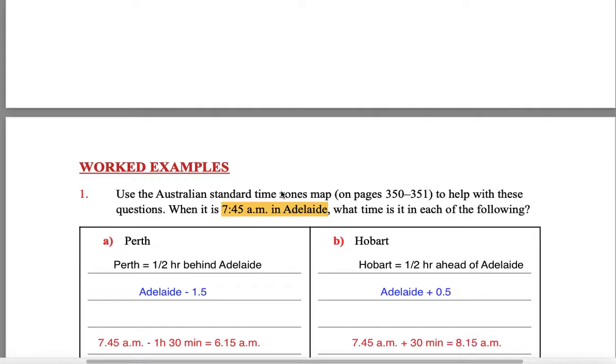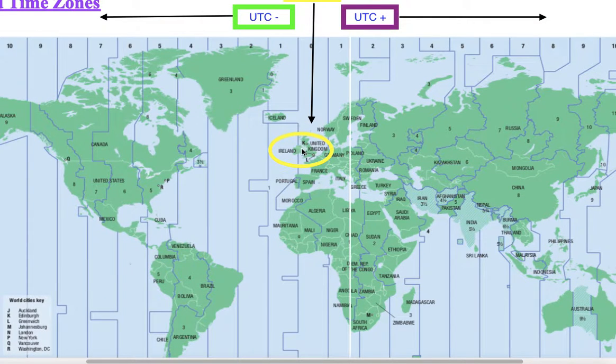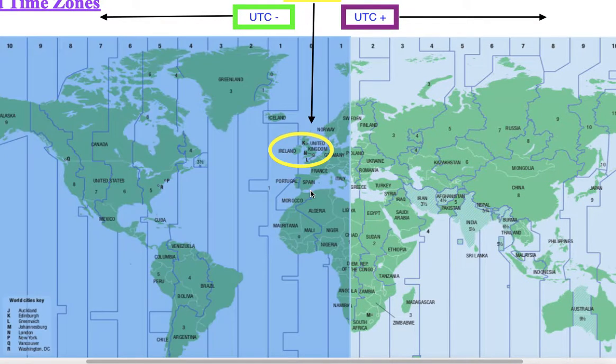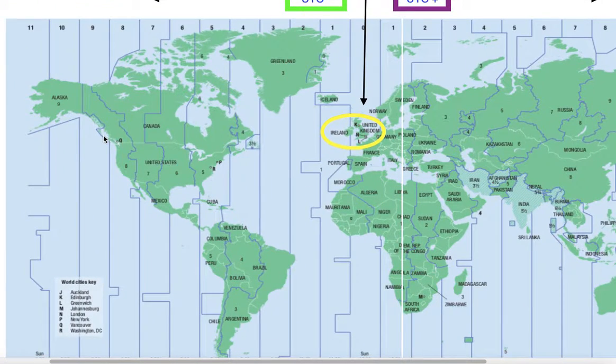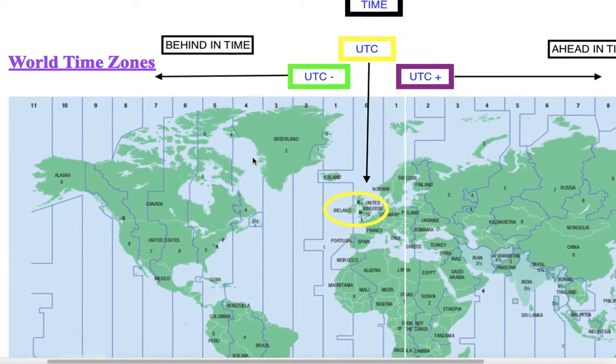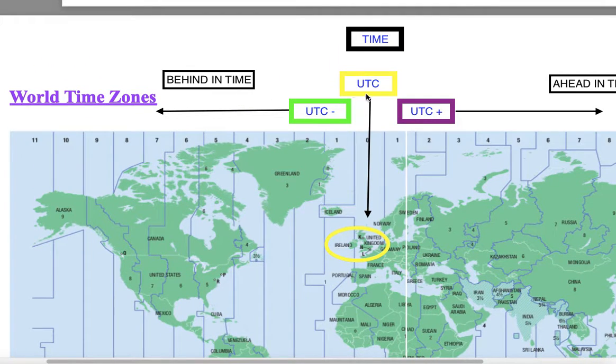Okay, so if I have a look, I want to find it compared to Alaska. So here is my Greenwich time, and now I want to have a look at Alaska. So Alaska is all the way over here, and I actually have a number there of 9, okay? And because it is to the west of Greenwich, it is minus 9 hours.